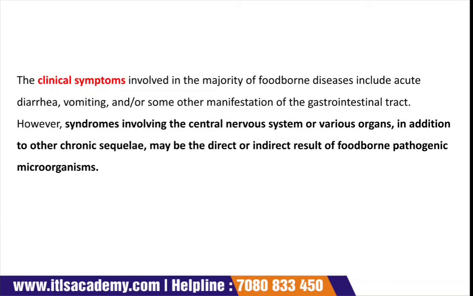Whenever you take any contaminated food item or contaminated water, the activity of these microorganisms leads to a disturbance in your intestinal tract. That is the reason the first symptom you feel is nausea and vomiting, then your stomach aches, then diarrhea occurs. So this is how they affect the gastrointestinal tract.